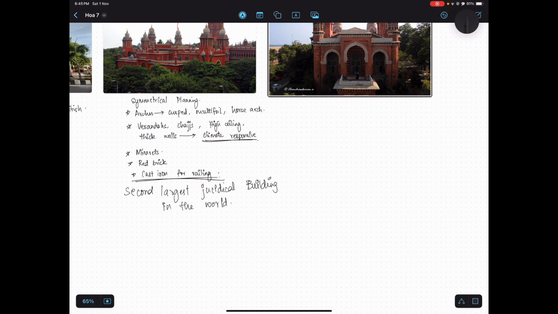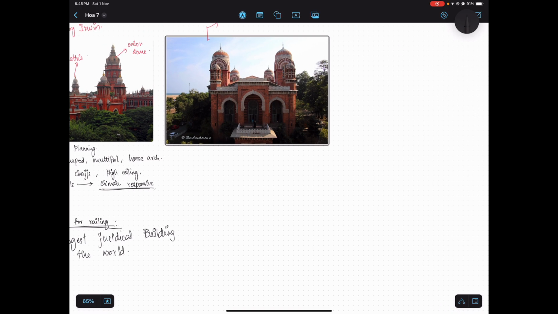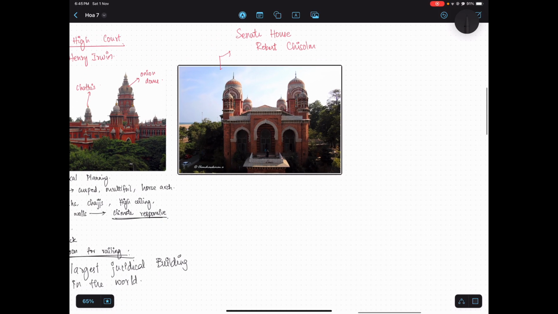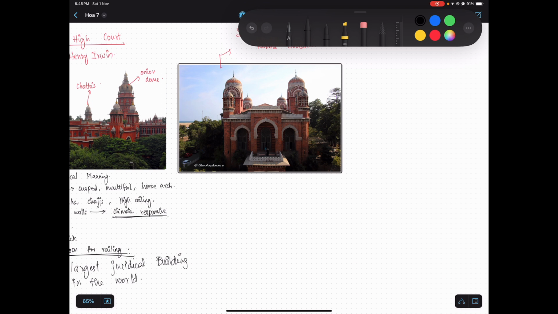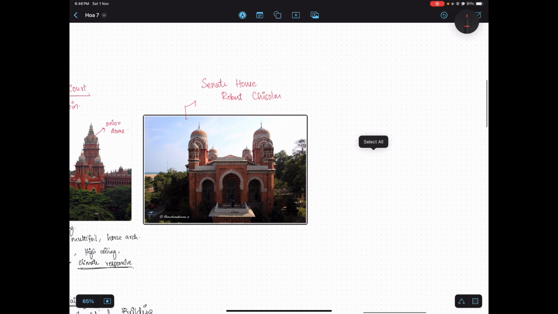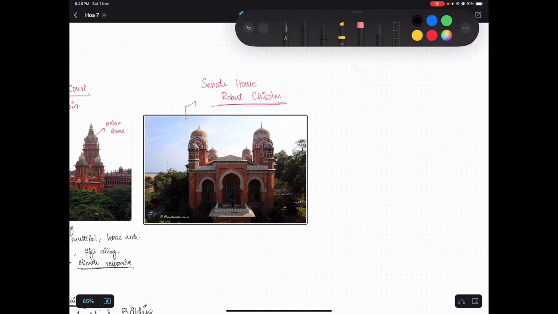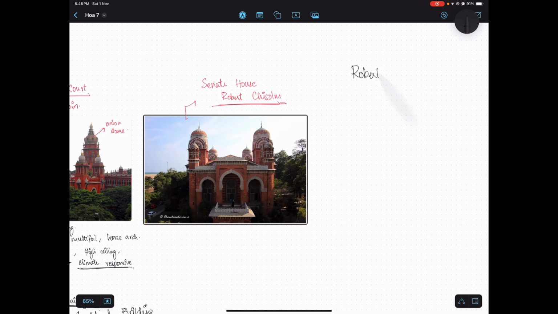Now let's move on to the Senate House. Senate House was designed by Robert Chisholm, and he also designed a lot of other structures. Before getting into the detail of the building, there is something that I want to talk about. Robert Chisholm was appointed as the first consulting architect to the government of Madras.